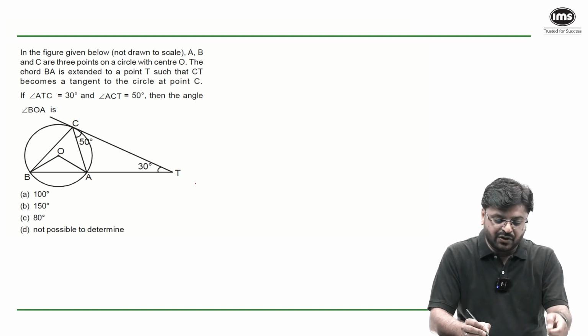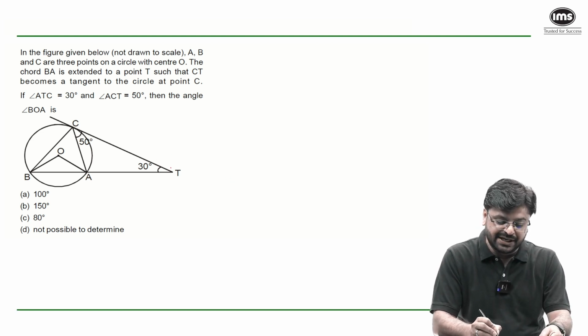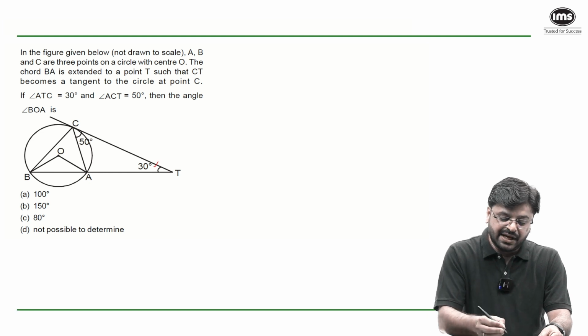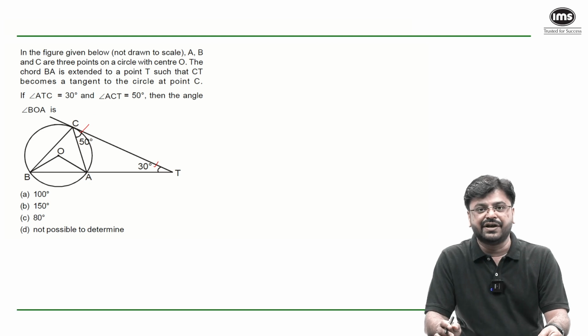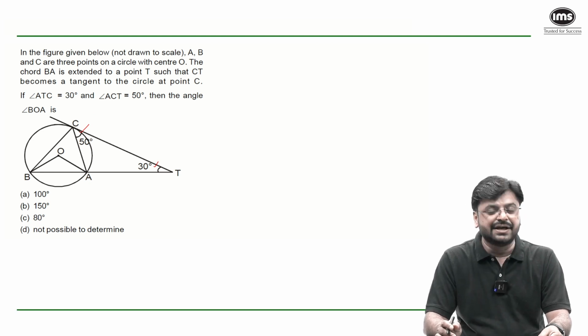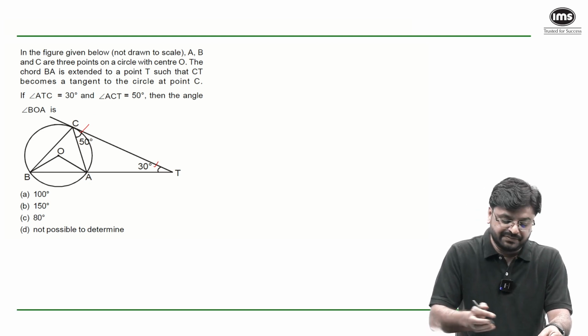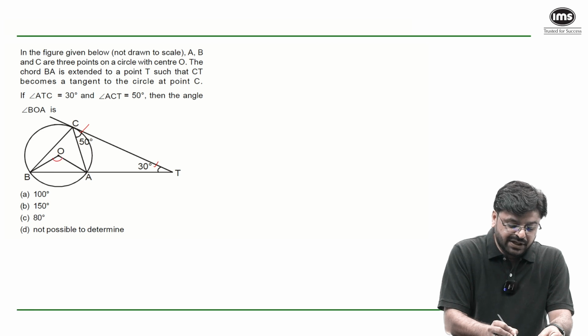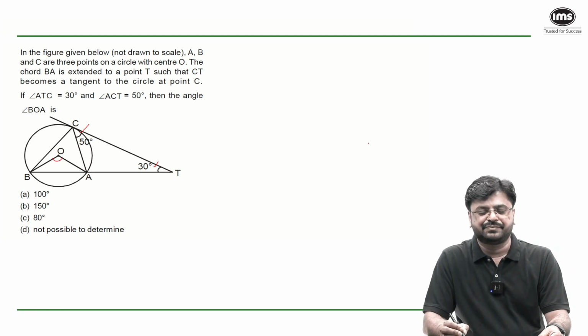Now, also it is given to us that angle ATC is 30 degree. Angle ACT is 50 degree. And find the angle BOA. So, angle BOA is this angle.